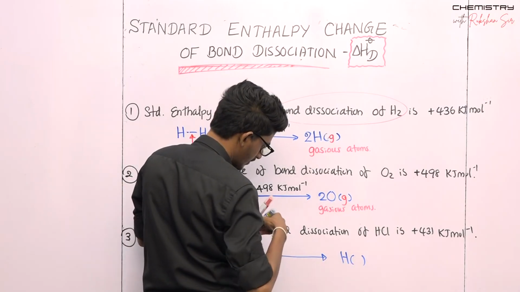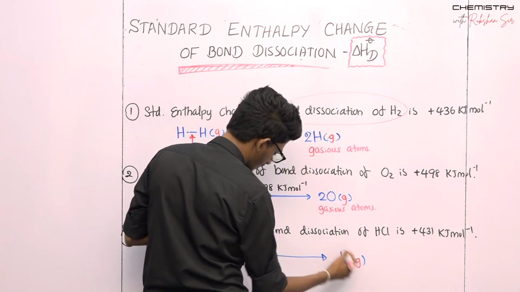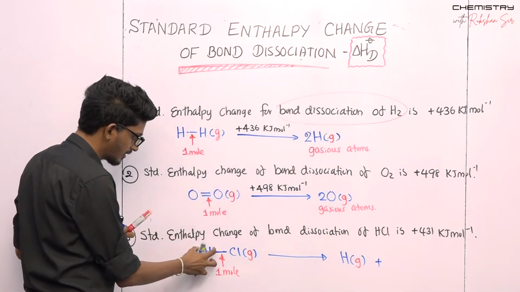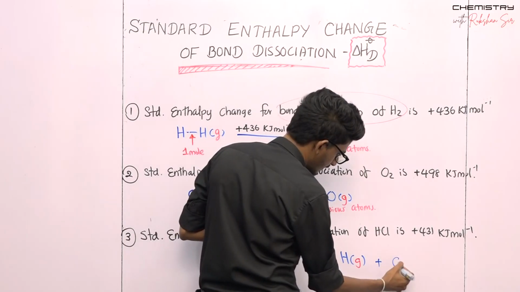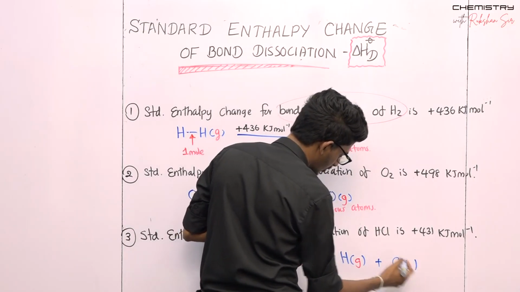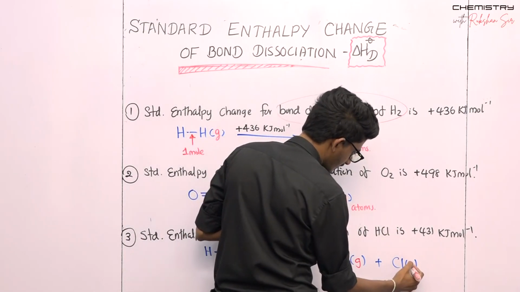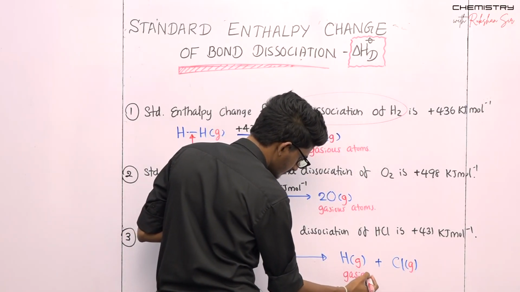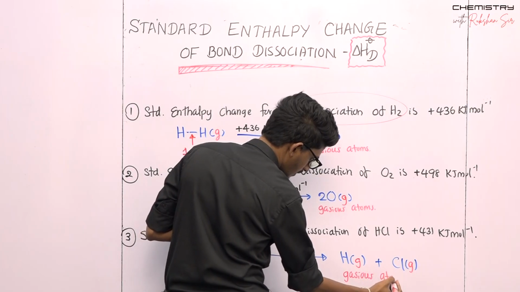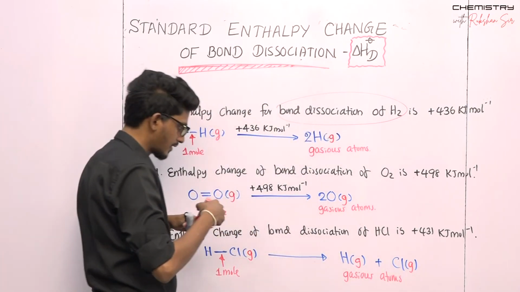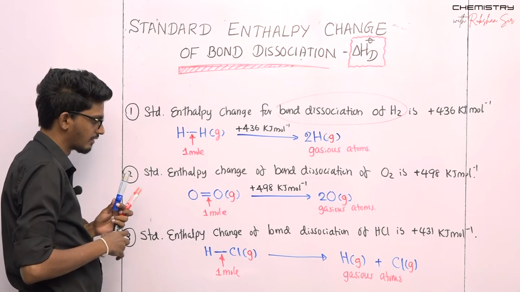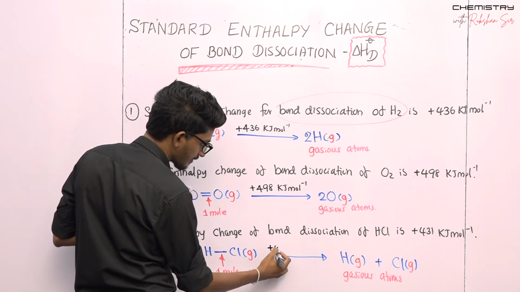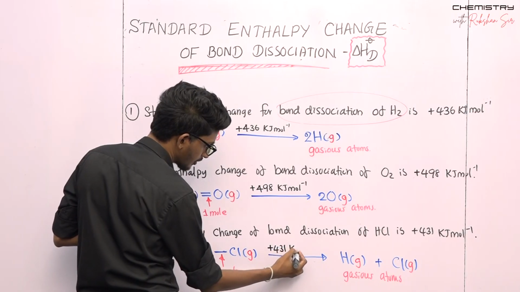As this is a compound, more than 1 kind of atom will be produced. So if you break this bond, you will produce 1 hydrogen and 1 chlorine, and those should also be in the gaseous state. Gaseous atoms are the products. So what is the value here? The value associated with this is plus 431 kilojoules per mole.